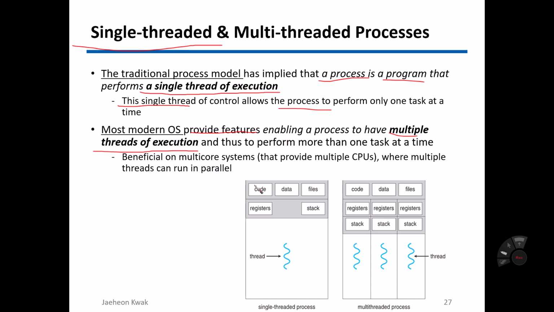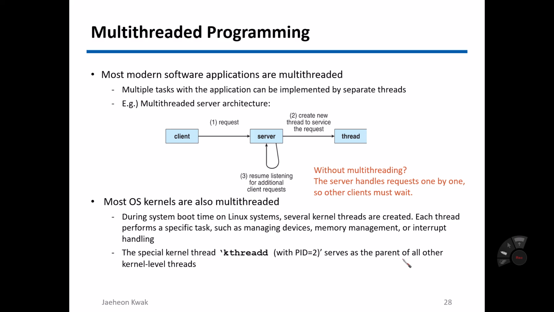So one program can have multiple threads, and each thread can be performed in parallel. We can enhance the performance of the program by using multiple threads. Most modern software applications are multi-threaded, so multiple tasks within the application can be implemented by separate threads.